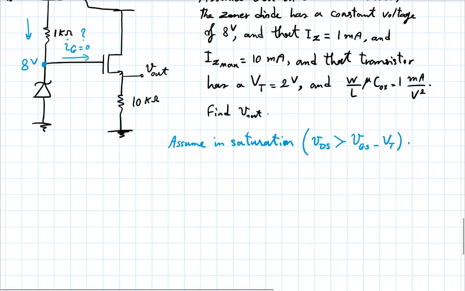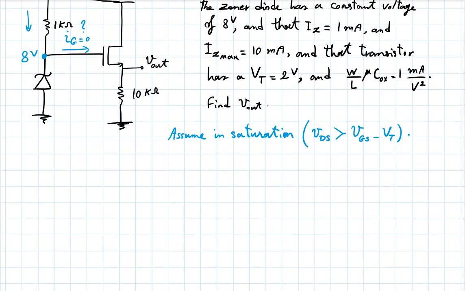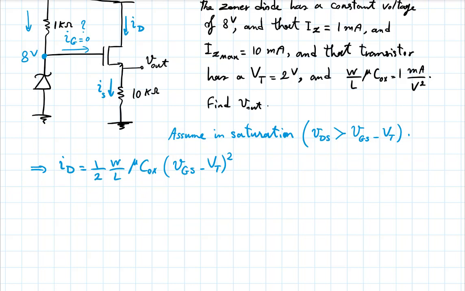If you are in saturation, then the current, we call this IS, which is the same as ID, is this.